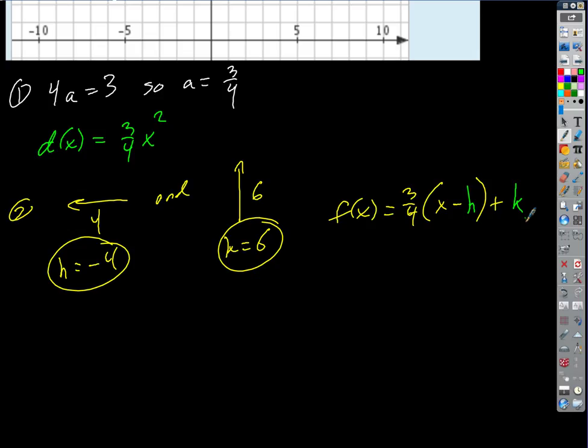So what does our final answer look like? f of x equals 3/4, our dilation factor, times x minus -4, which is x plus 4, squared, plus k, which is 6. No big deal.